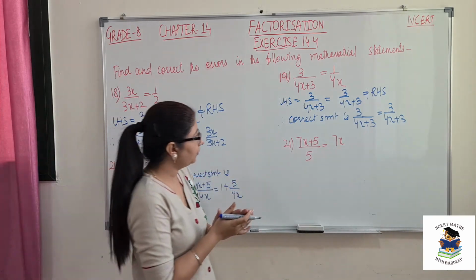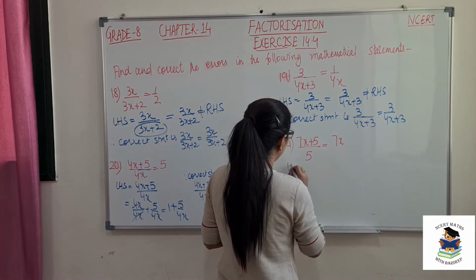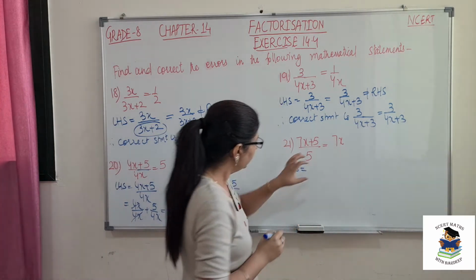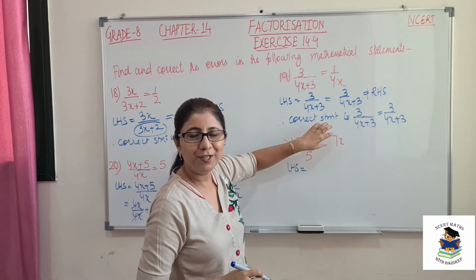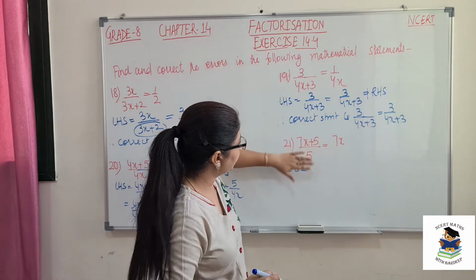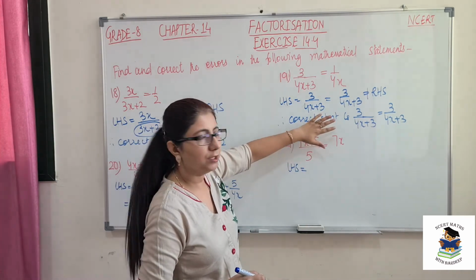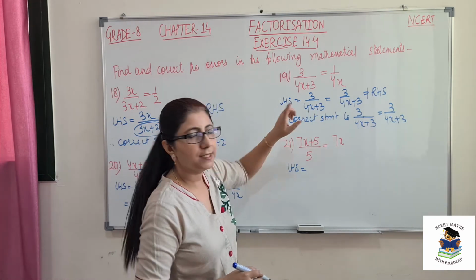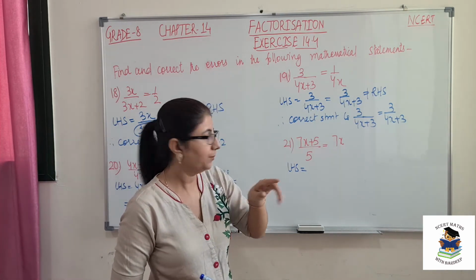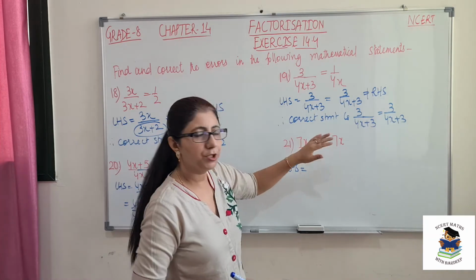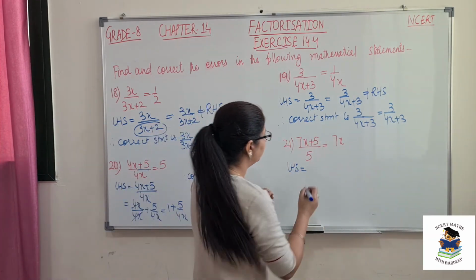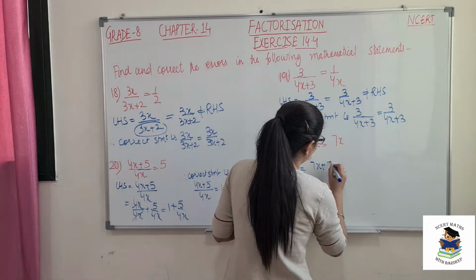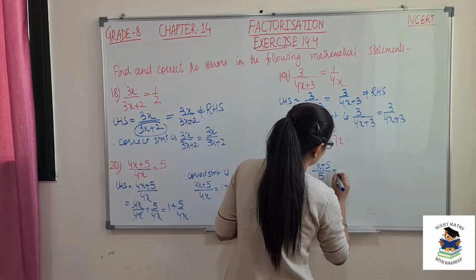Okay, so the 21st question is again, see what they have done. They have cancelled this 5 with 5. This is not possible. We cannot cancel a denominator with any term of the numerator unless they are multiplied. So for these types of questions, we should split our numerator and write the denominator for each term.